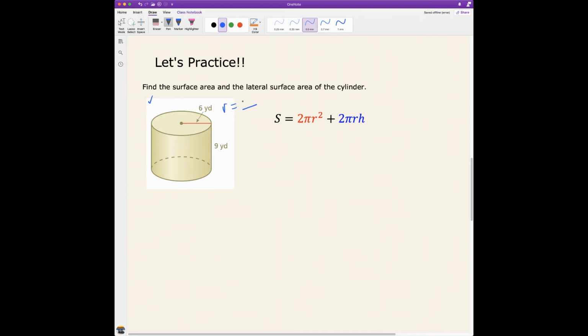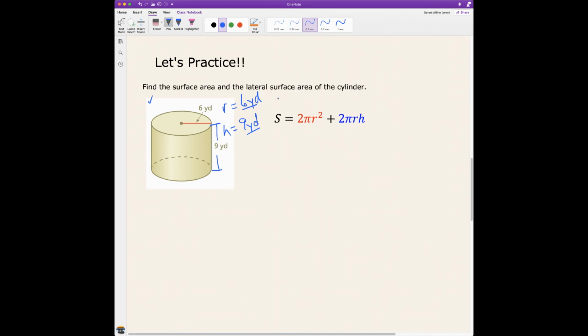Very good. The radius is 6 yards. Okay. And now what is the height? Right. There's only one other dimension left. And so that is the height of the cylinder. And the height of the cylinder is 9 yards.